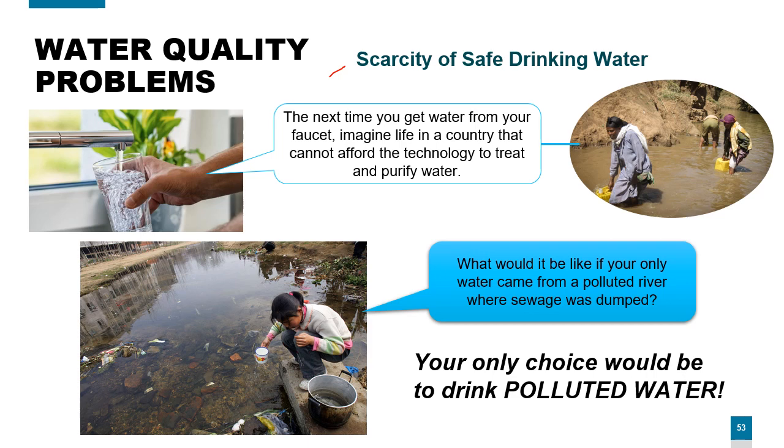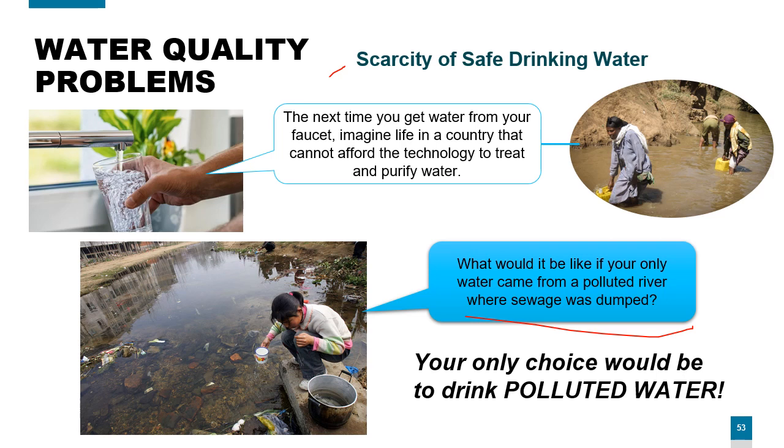So, the next time you get water from your faucet, imagine life in a country that cannot afford the technologies to treat and purify water. So, what would it be like if your only water came from a polluted river where sewage was dumped? Imagine, anong gagawin mo if the only choice of water is yung polluted water?